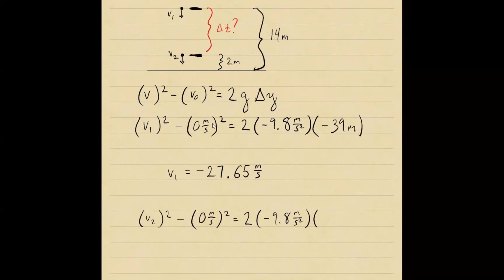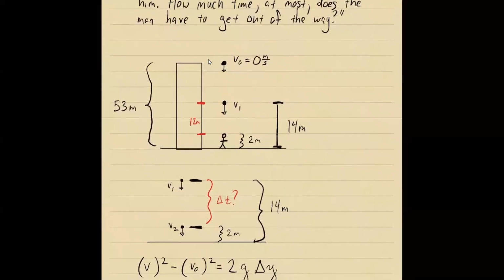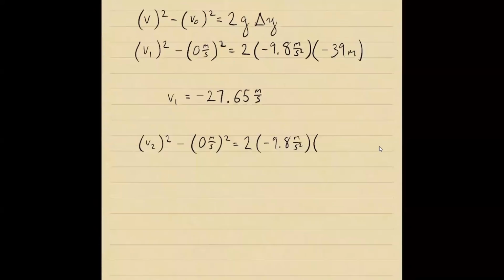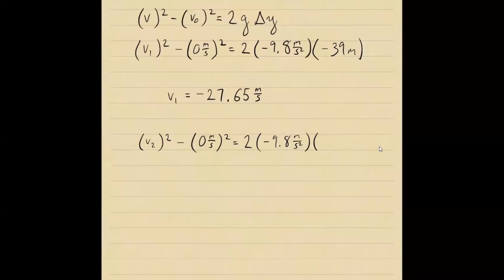Now V2 is 2 meters above the ground. So the total displacement is going to be 53 minus 2, or 51 meters downward. So the displacement is going to be minus 51 meters. Right, 0 squared is just 0.